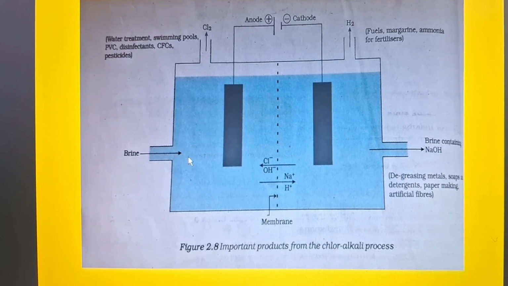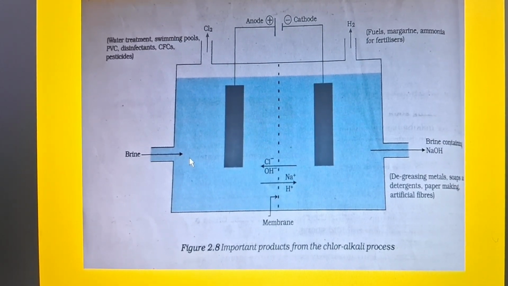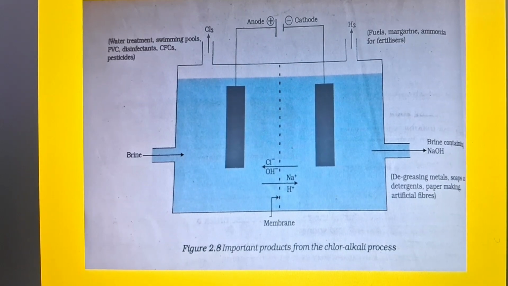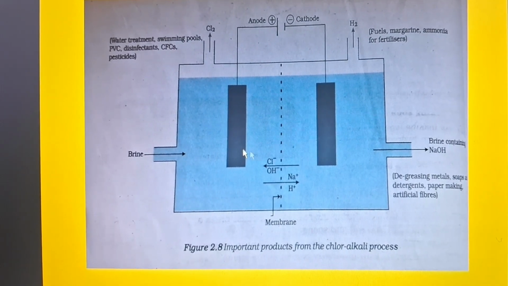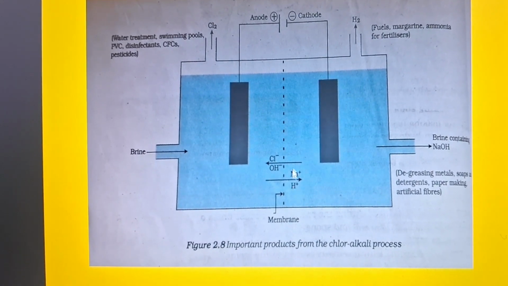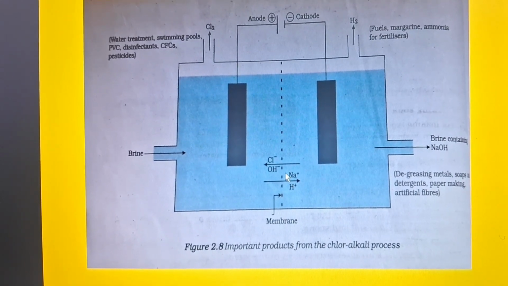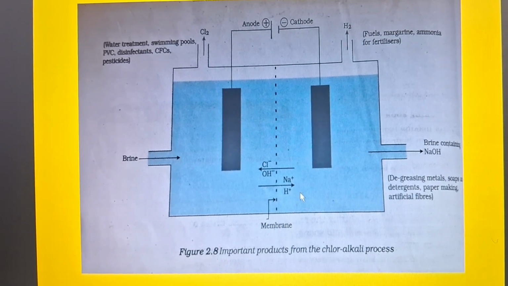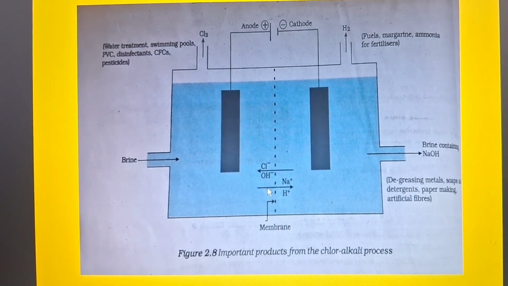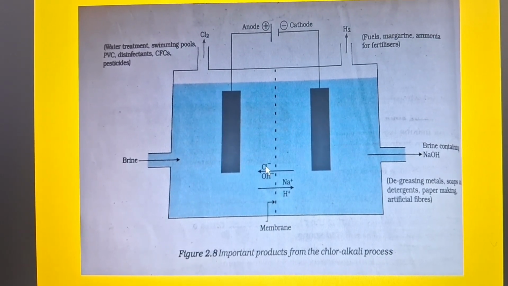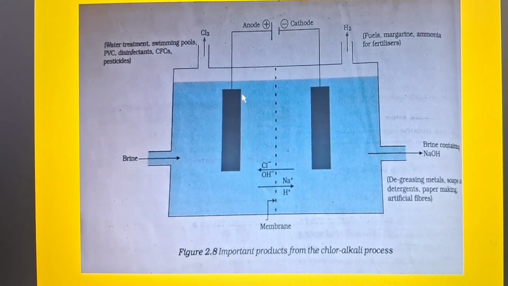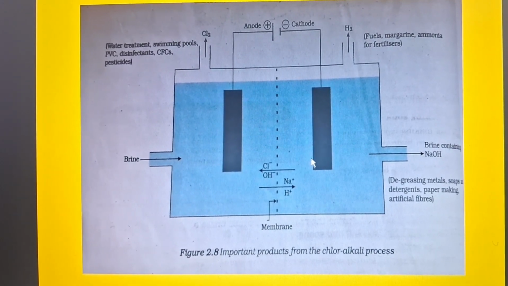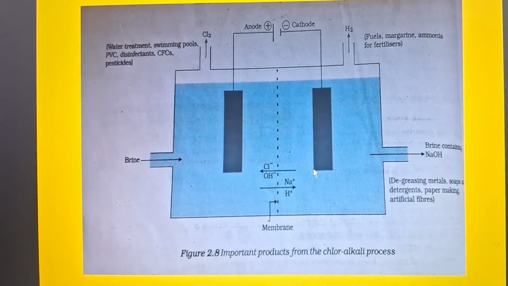Now here brine, the aqueous sodium chloride solution, is taken into this and you can see the formation of sodium hydroxide. How is it formed? When electricity is passed, the aqueous sodium chloride splits into Na plus, H plus, Cl minus, OH minus. Chloride ion is formed at the anode, while Na plus and hydrogen ion are at the cathode.